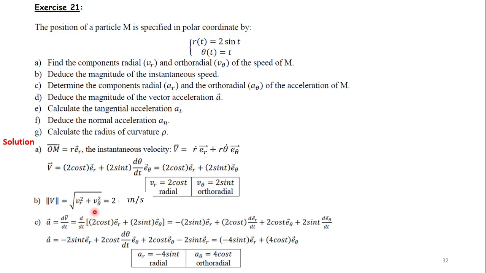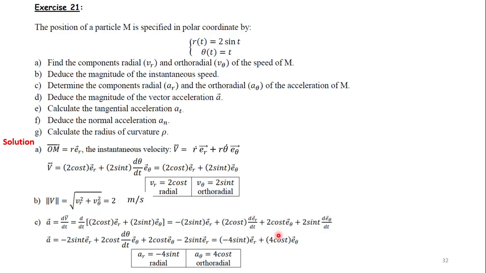So while you are making this derivative, in each term you will consider the rule (uv)' equals u'v plus v'u, and here you will find a term times der over dt, where der over dt is equal to theta dot e theta, and you will also find de theta over dt multiplying a certain term, where de theta over dt is equal to minus theta dot er. Okay, and you will find the answer.